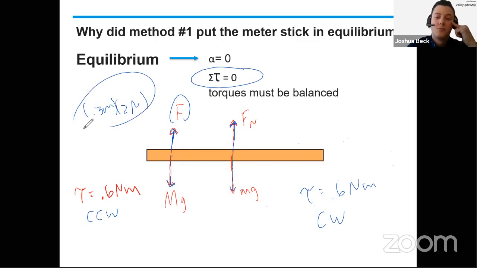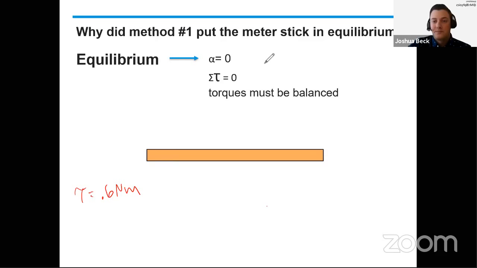So this is also 0.6 Newton meters, exactly what we need. So the reason this balanced the meter stick is less about the fact that it was the same size force as big MG, and more about the fact that it created the same torque that big MG did, but in the opposite direction. See, we balanced the torques.